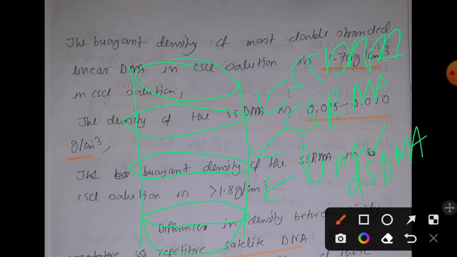Another interesting fact: you will never get any kind of pellet here, because we are talking about isopycnic centrifugation, and as I explained, in isopycnic centrifugation you don't get any pellet. It is independent of time.